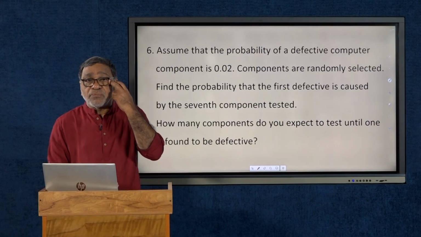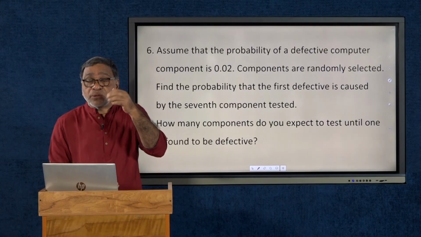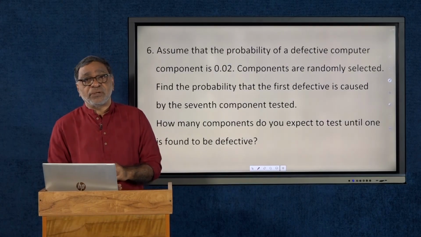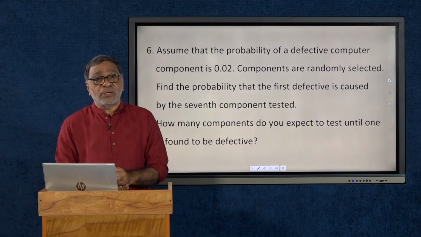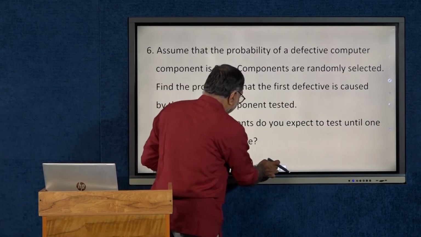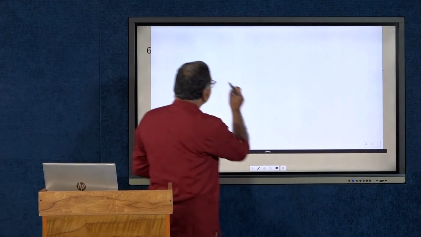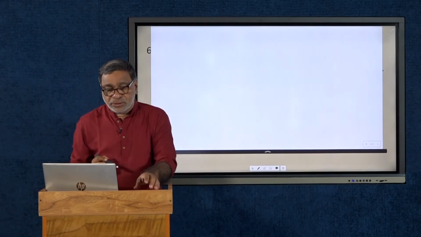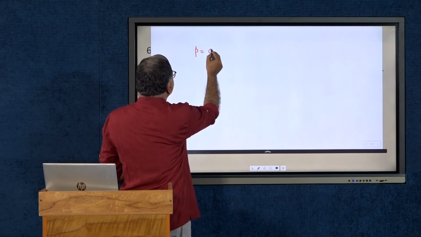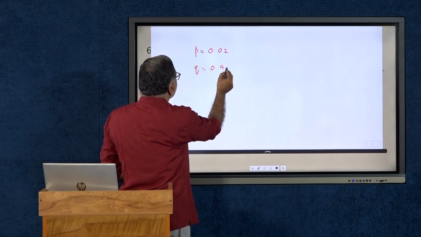The 7th component tested means that on the 7th trial we have identified the defective component. So what is the probability value here? p is given as 0.02 and q is equal to 0.98.